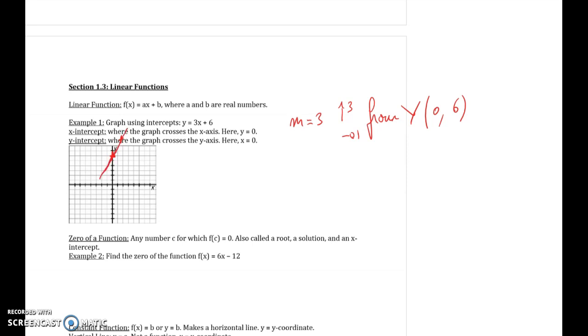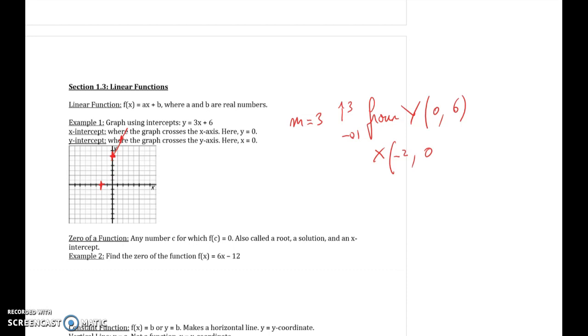Obviously, if I want to be a little bit more accurate, I can calculate my x-intercept. My x-intercept will be when y equals 0, and I will have x equal to negative 2. So I know that my line is going through this point right here also.